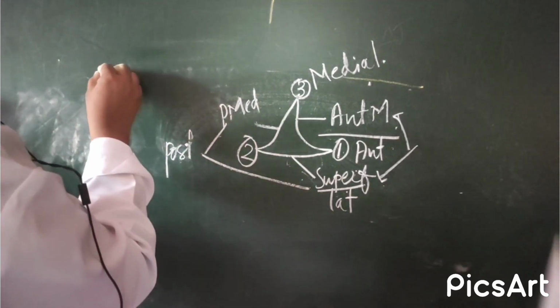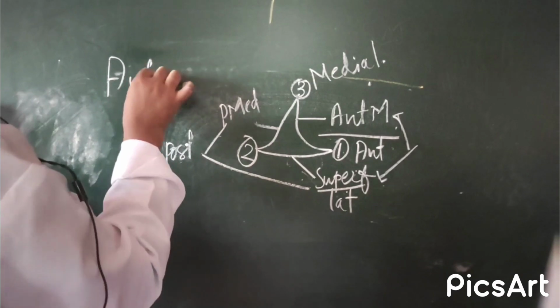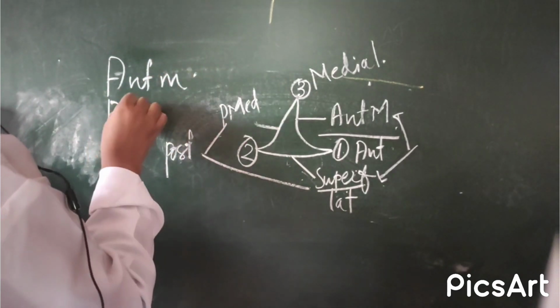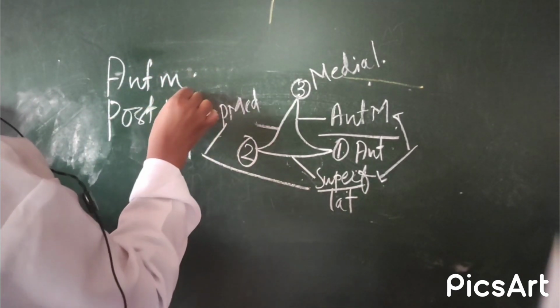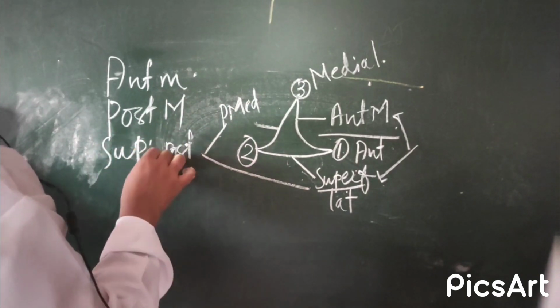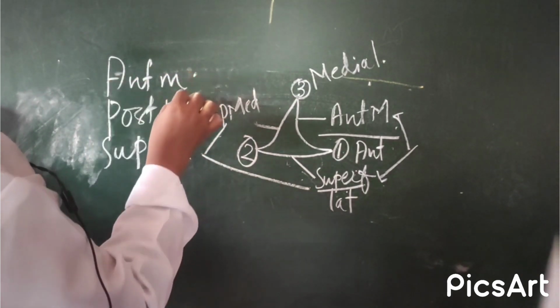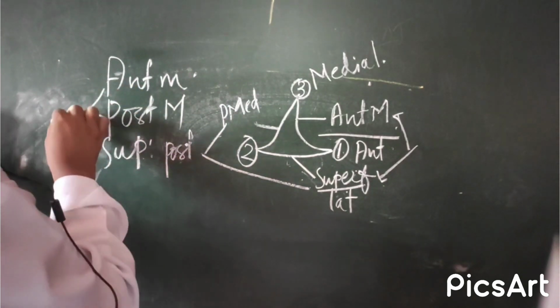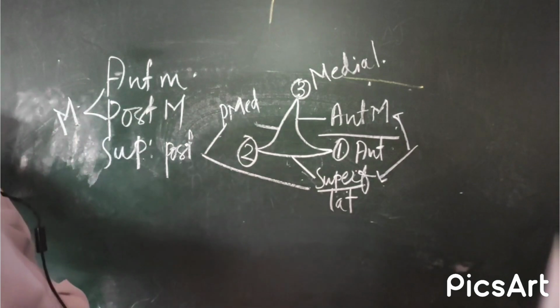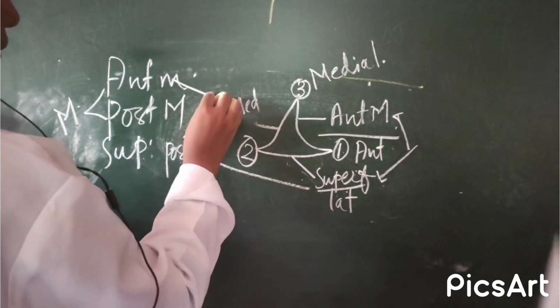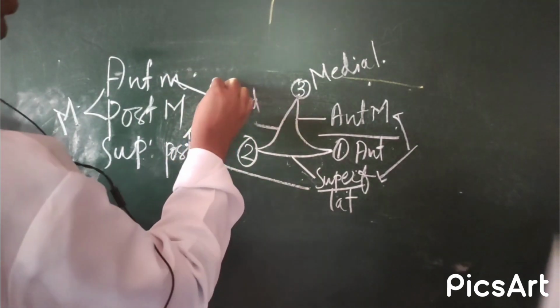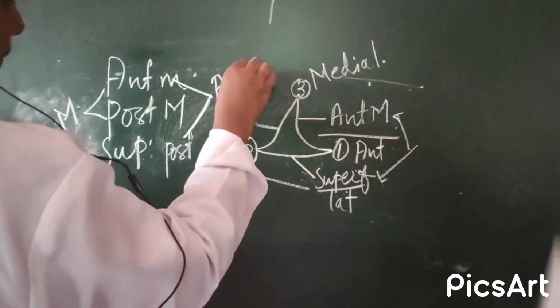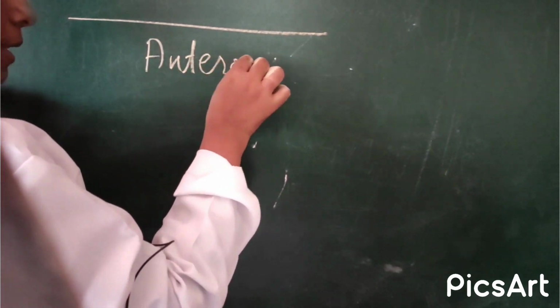The surfaces of the parotid gland are the anteromedial surface, posteromedial surface, and superficial surface.